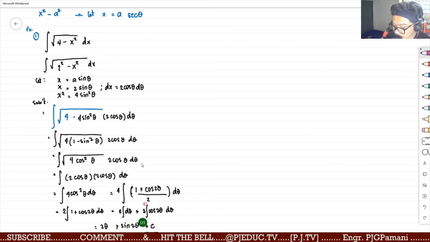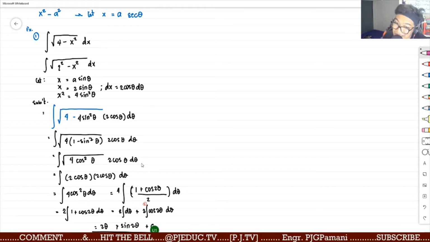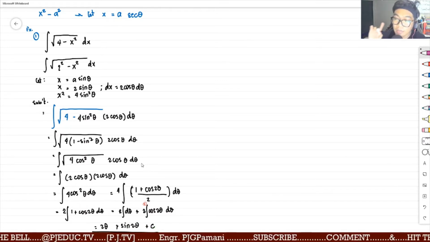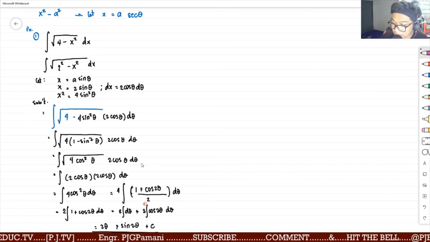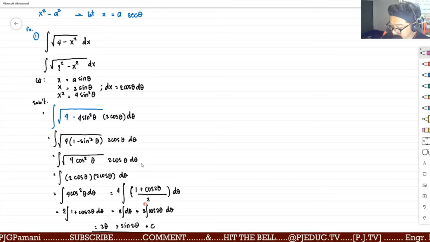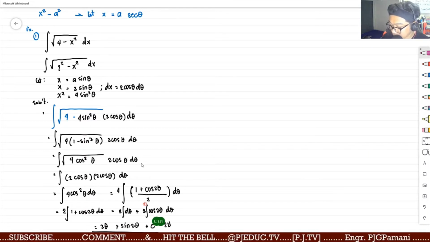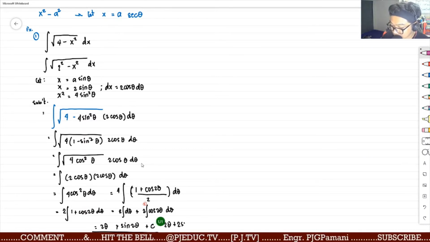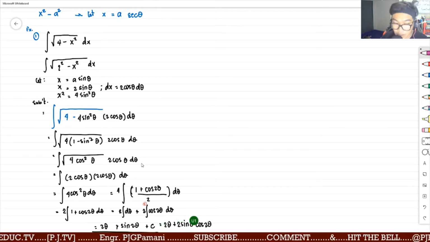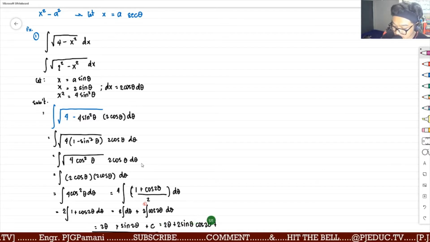So that is our final form for this one. But that is not yet our final answer. Note, that is 2 theta plus sine 2 theta plus c, which can also be expressed as 2 theta plus 2 sine theta cosine theta plus c, since that is sine 2 theta.